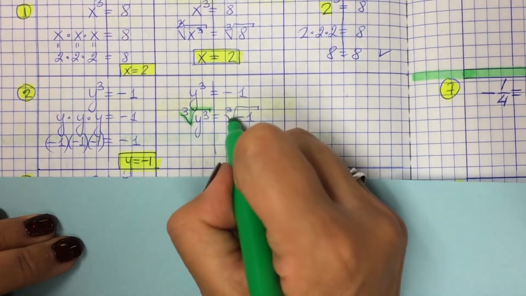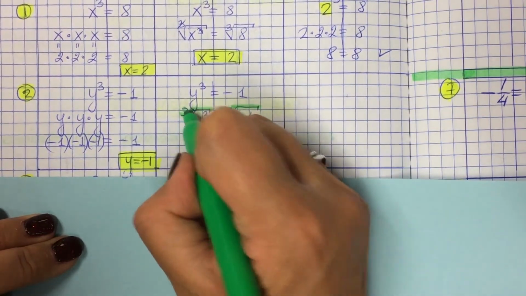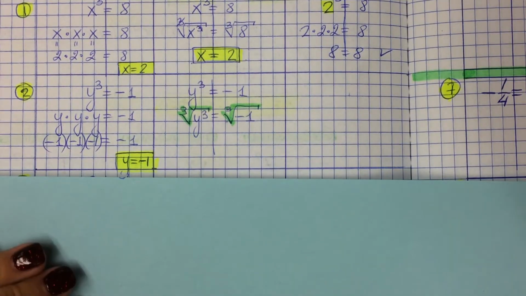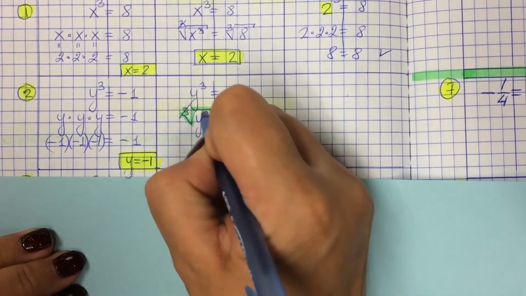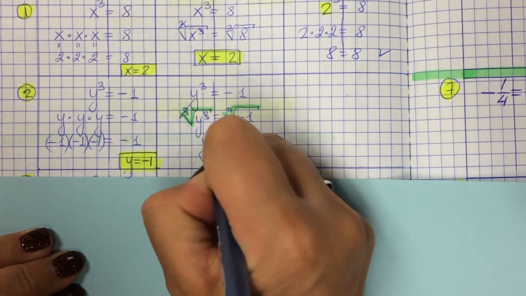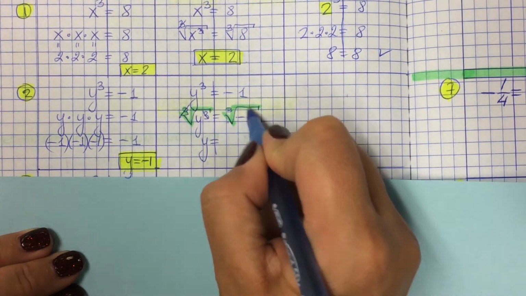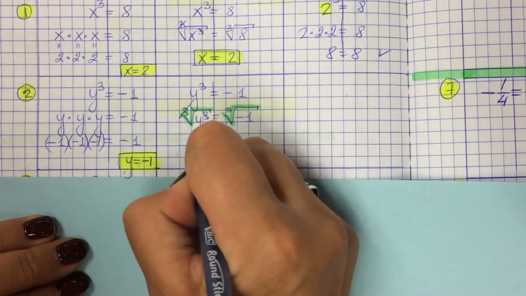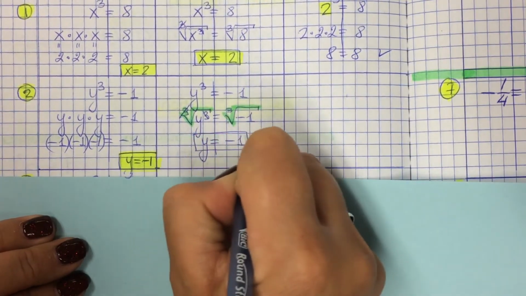So this is the inverse operation we're using on the equation that was given originally. y will equal the cube root of negative 1, which is negative 1, because negative 1 times negative 1 times negative 1 is negative 1.